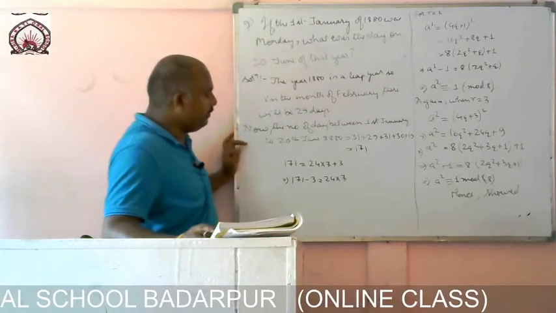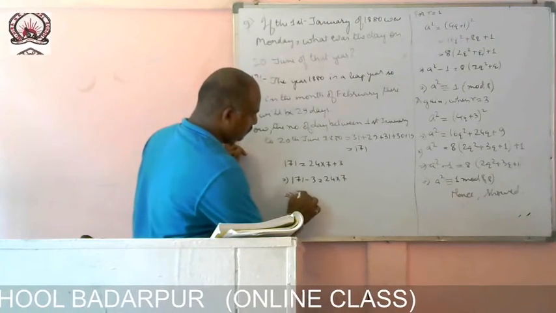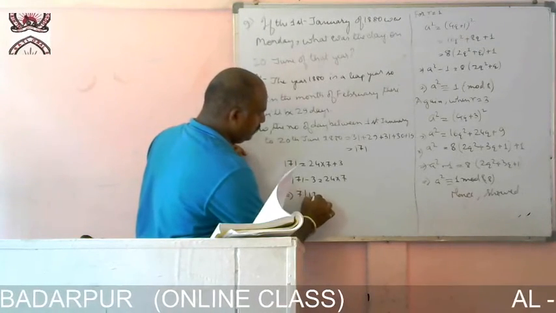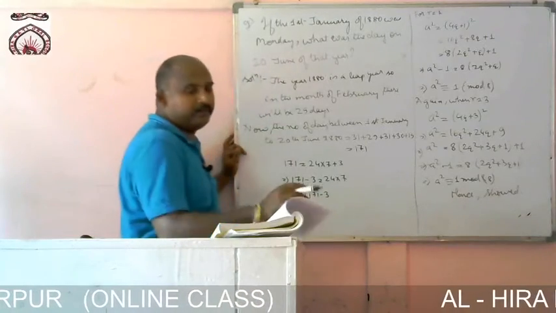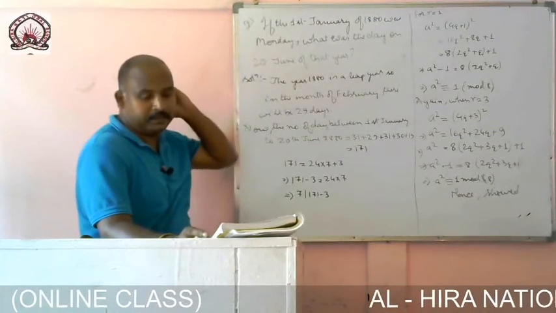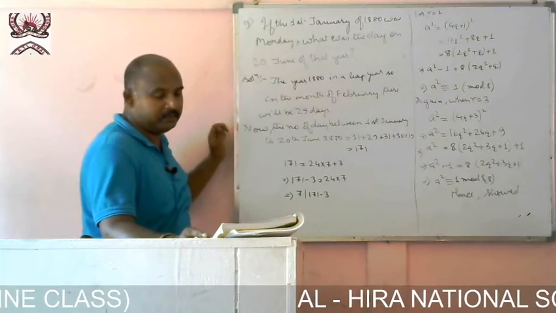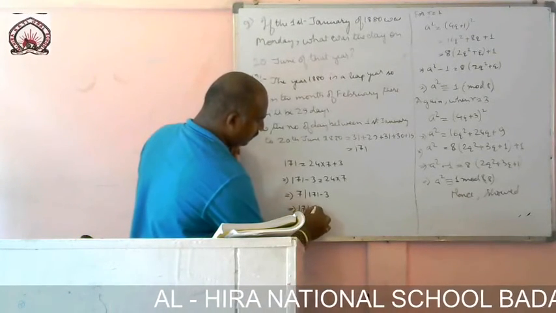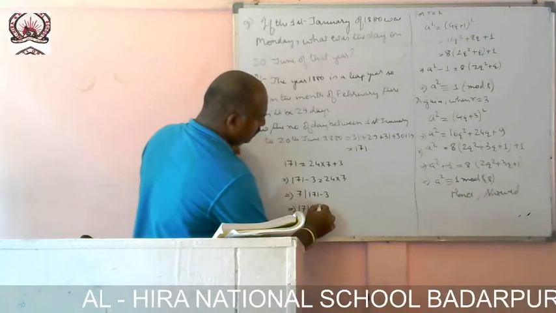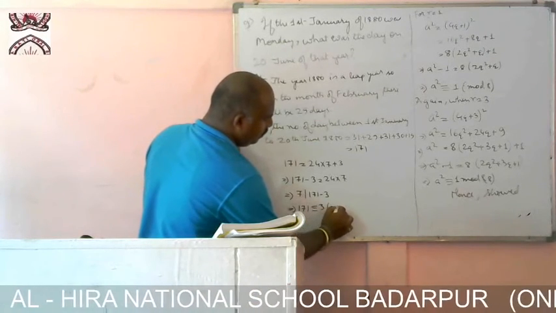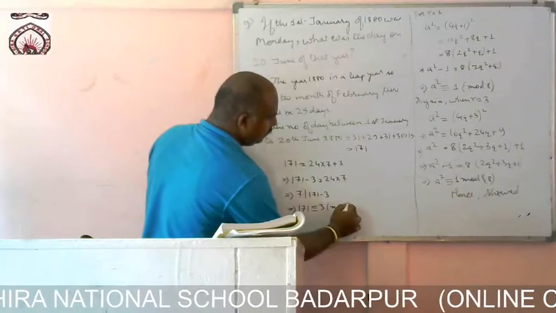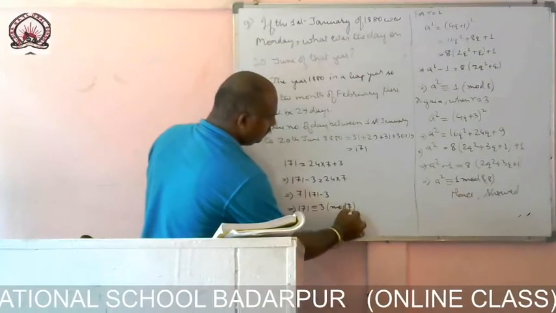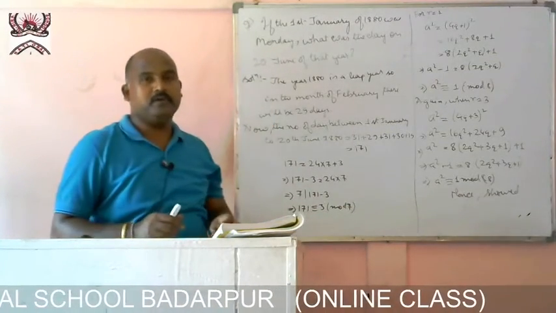So 7 divides 171 minus 3. So what you can write? 171 is congruent to 3 mod 7.